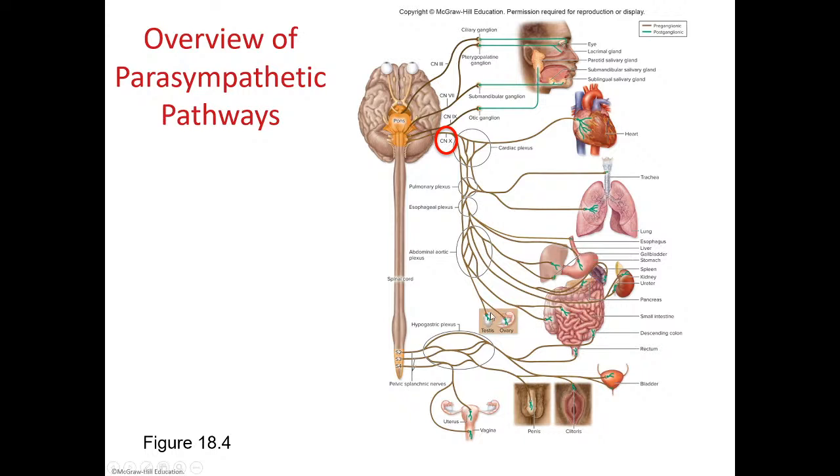It innervates the gonads as well, the testes and the ovary. The sacral part of the craniosacral division is going to innervate the uterus, the vagina, and the external genitalia, specifically the penis and clitoris, and the bladder.